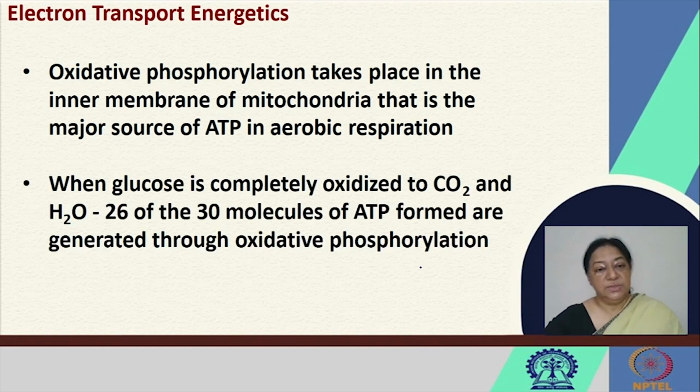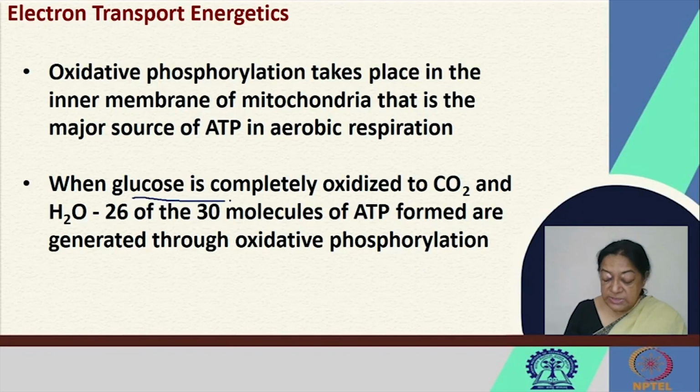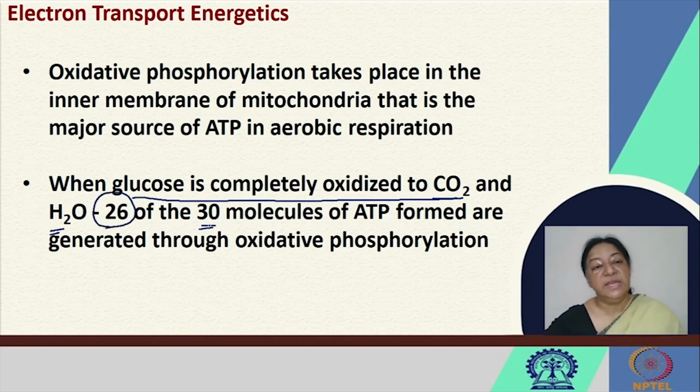When glucose is completely oxidized to carbon dioxide and H2O, 26 of the 30 molecules of ATP formed are generated through this process of oxidative phosphorylation.